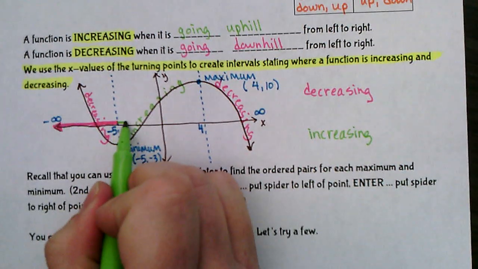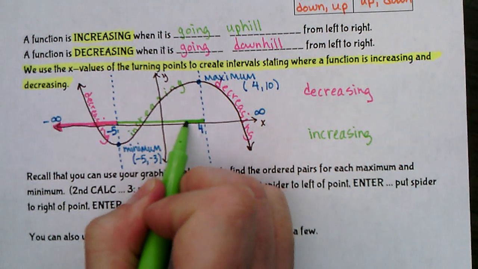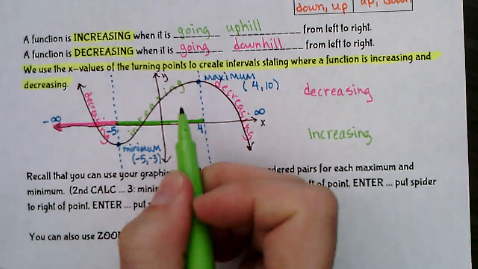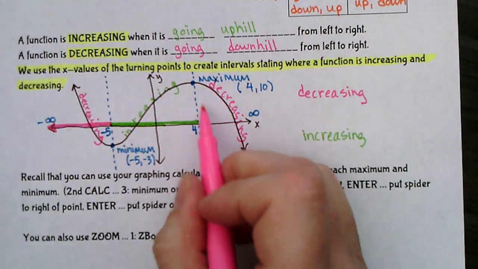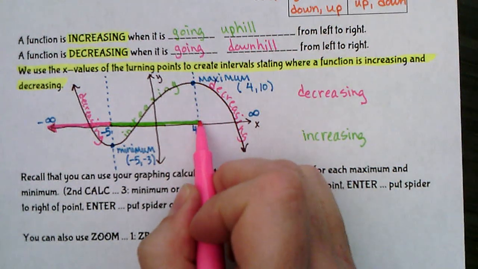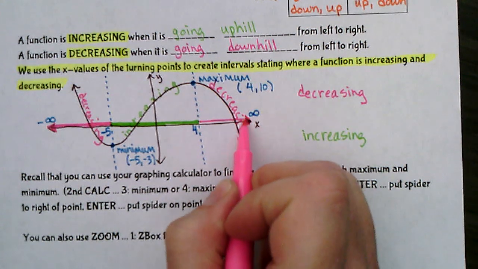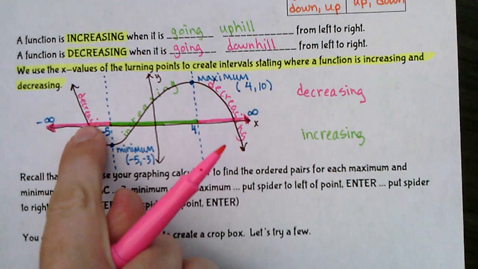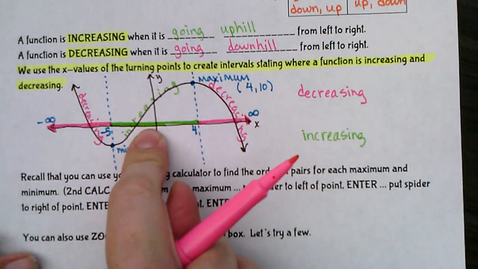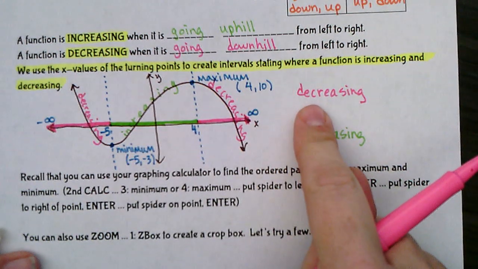So that part of my x-axis is going to be green to represent increasing. And then it was decreasing again, going downhill, so that part will again be pink. Since I have 2 pink sections and 1 green section, I'm going to have 2 different inequalities for my decreasing.